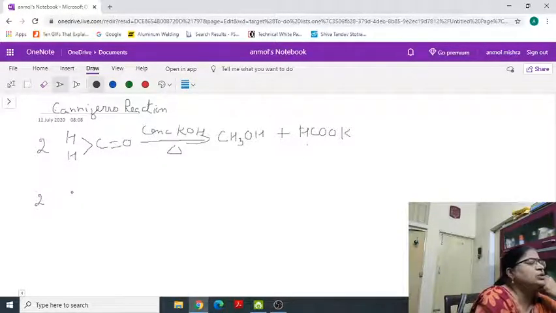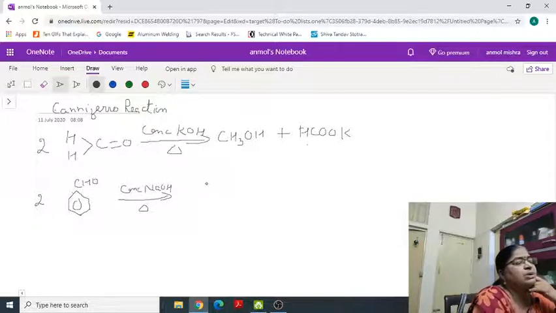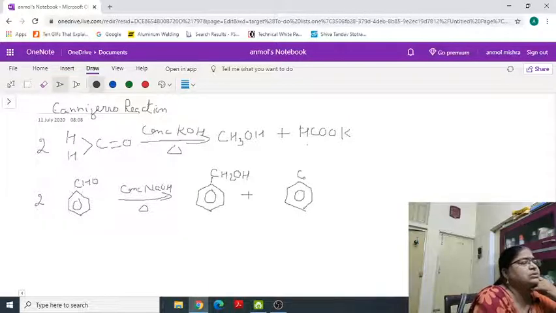Second is benzaldehyde. When two molecules of benzaldehyde react, it forms benzyl alcohol and sodium benzoate.